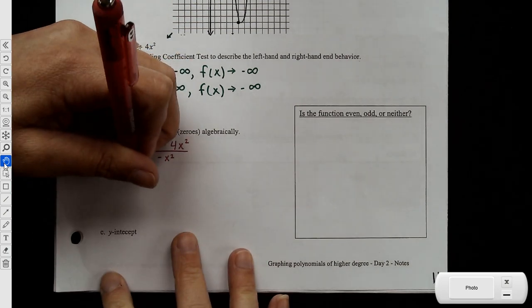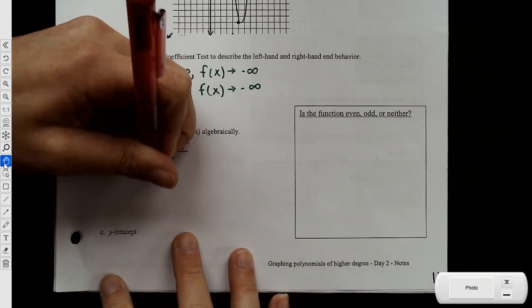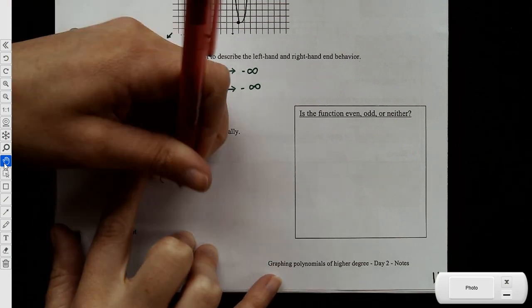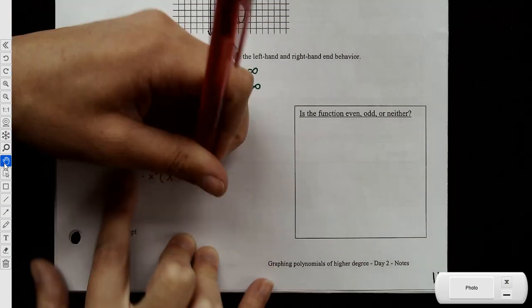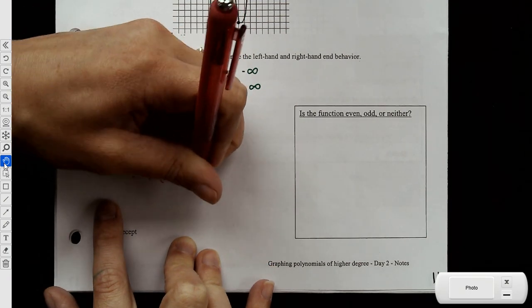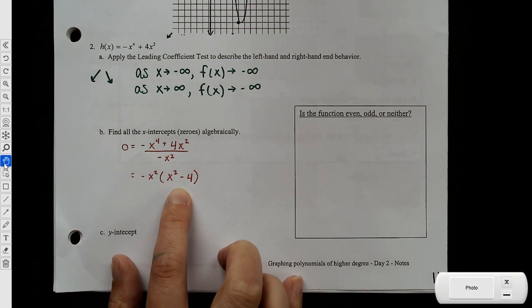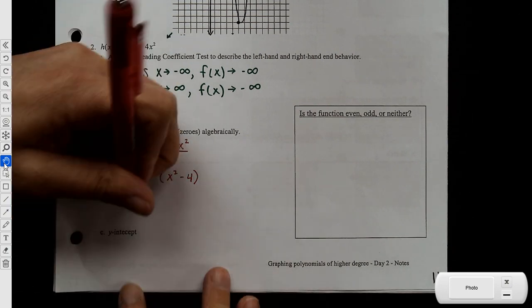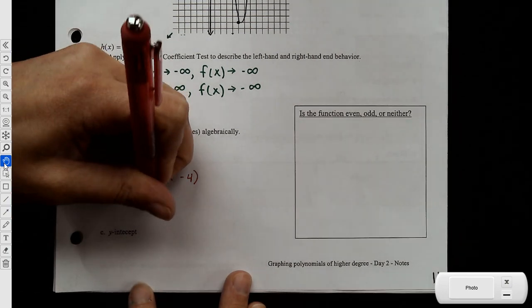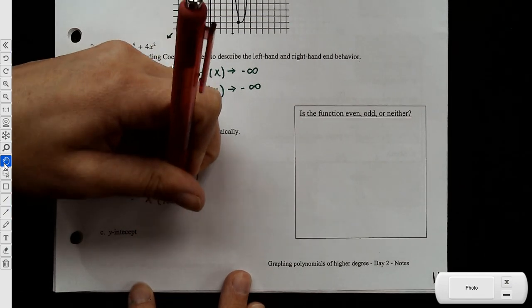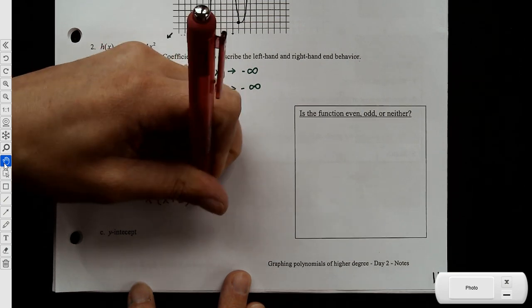So this leaves me with negative x squared, and then I've got x squared minus 4. And notice it's important that I took out that negative because now I can recognize that this is a difference of squares. So I've got negative x squared, and then x plus 2, x minus 2.